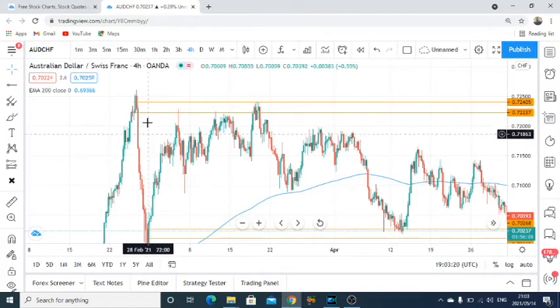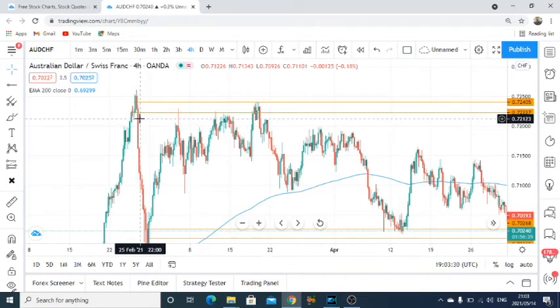So as you can see in this area, there was lots of selling, no buying at all. Remember, the imbalance comes in when the market is only moving in one direction. You can see the market in this move was only moving in one direction. No buying, only selling was here.